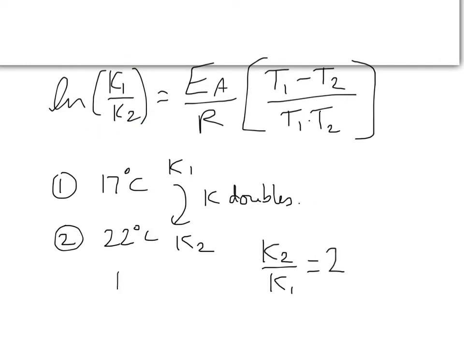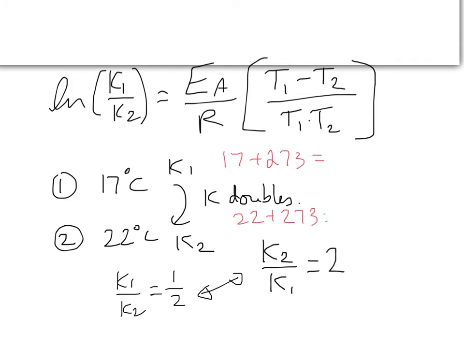And so we can write that as 1 over 2, just the reciprocal. The temperatures, we've got to get those in absolute temperatures, don't we? And so 17 plus 273 and 22 plus 273 gives us the Kelvin temperature. So that's 290 Kelvin and 295 Kelvin.